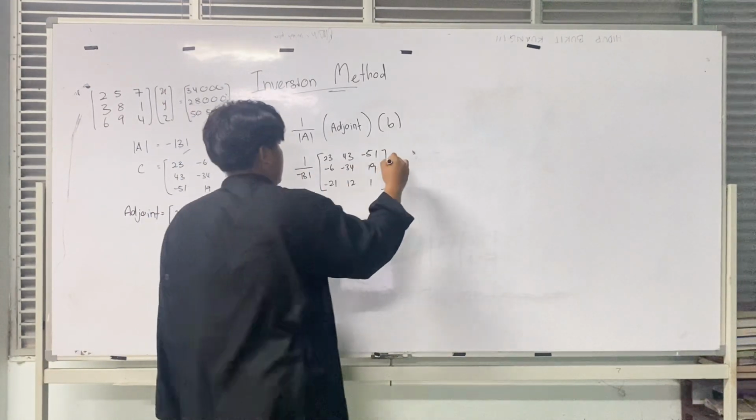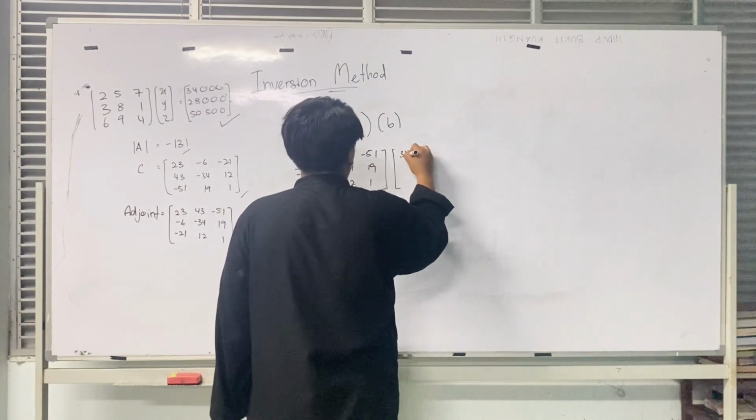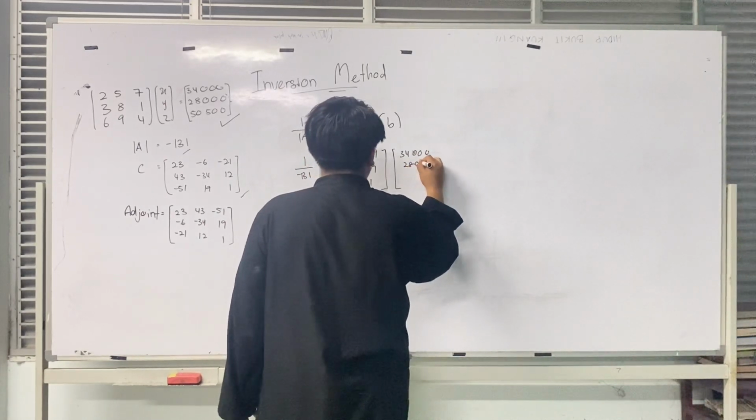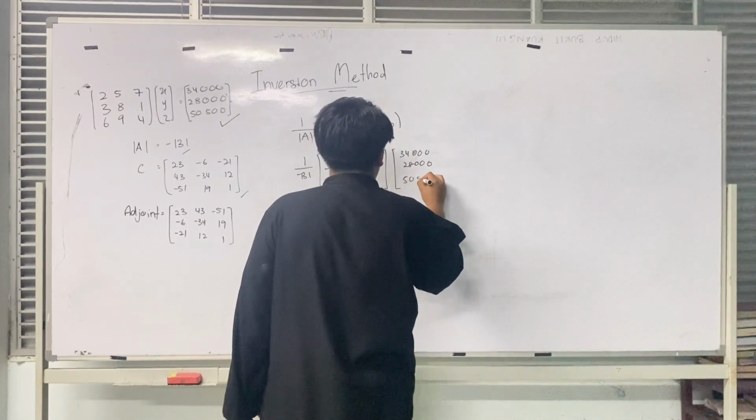And last, B is 34,000, 28,000, and 50,500.